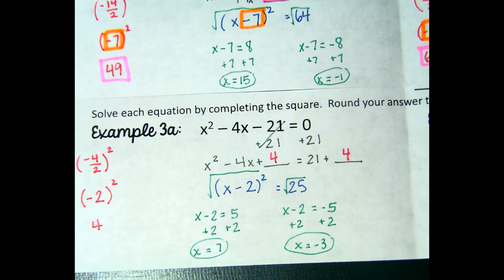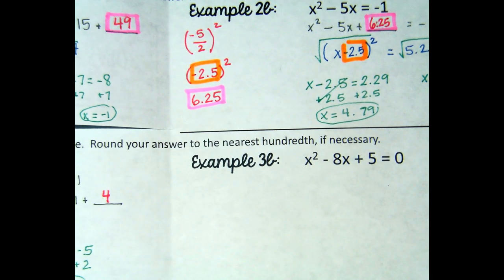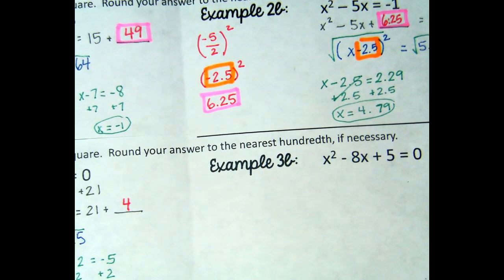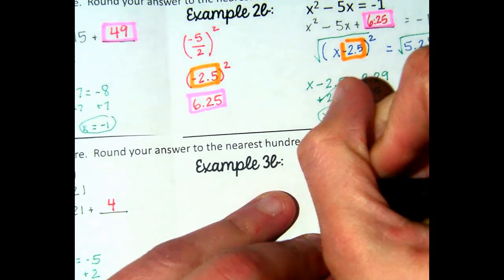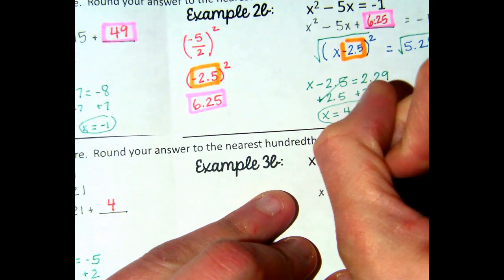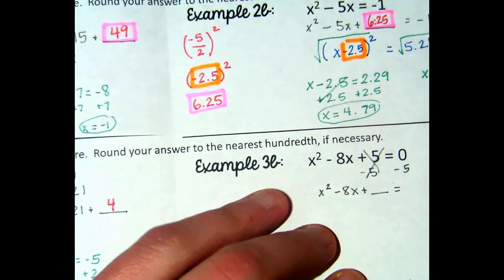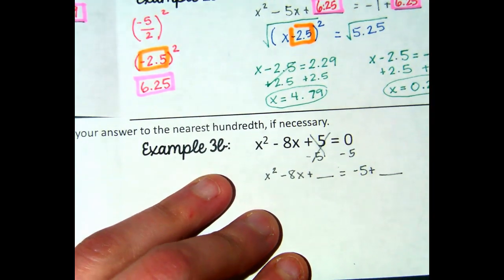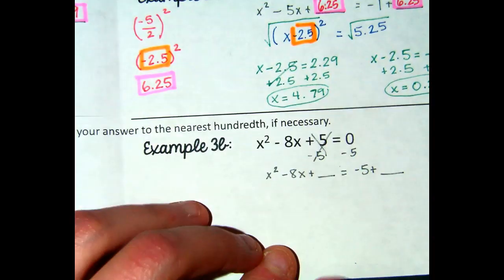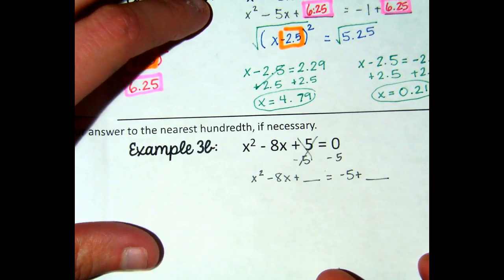Okay, example 3b. What is the first thing you did? Subtract 5. X squared minus 8x plus a blank equals what? Negative 5 plus a blank. Now, do you need the blanks? Not necessarily. The reason I do them is so I don't forget that something goes there.